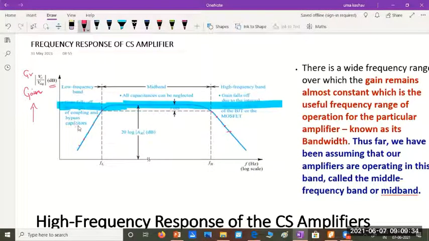Usually in amplifiers, what we notice is that the gain remains as per design only at the middle frequency band, and that is called the mid band. This region is called the mid band, where the gain remains almost constant as per design. And from where to where are we going to consider that mid band?